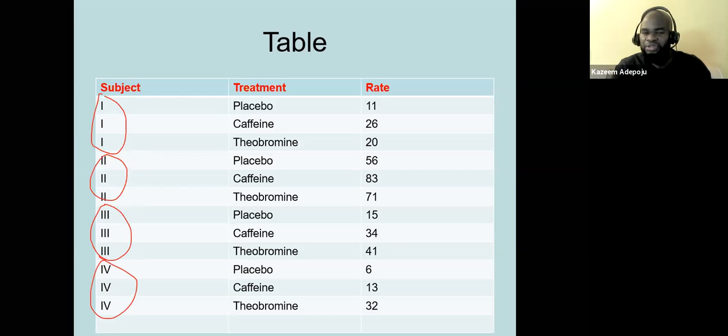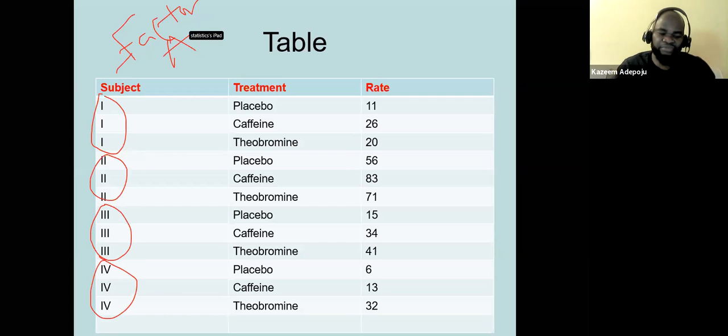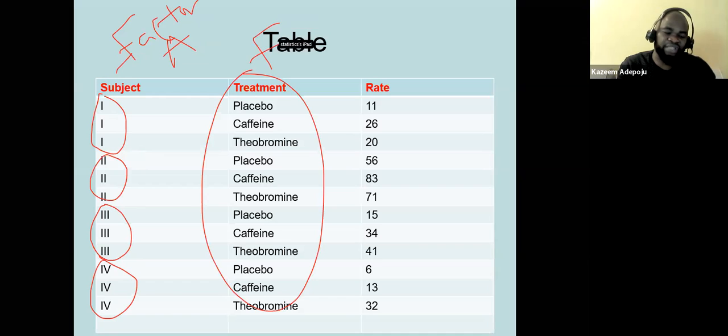The subject is factor A, and the treatment is factor B. The levels of factor A are 1 to 4, and the levels of factor B are 1 to 3. What are the 3 levels of factor B? The placebo, the caffeine, and the trebomide. Can you see that now?